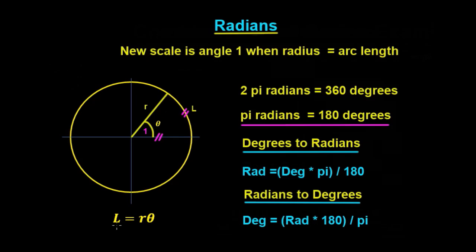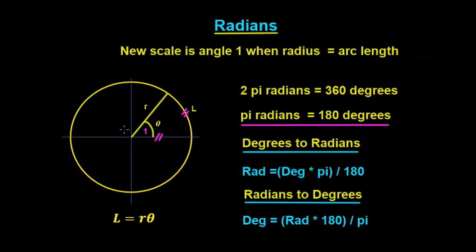So we can say then, more generally, if we call the arc length L and we call the angle theta and the radius r, then we can say L is equal to r theta. So this is a little equation that relates angle to length, and if the angle theta is in radians, then all we need to do is multiply that angle by the radius, and that's going to give us our arc length.